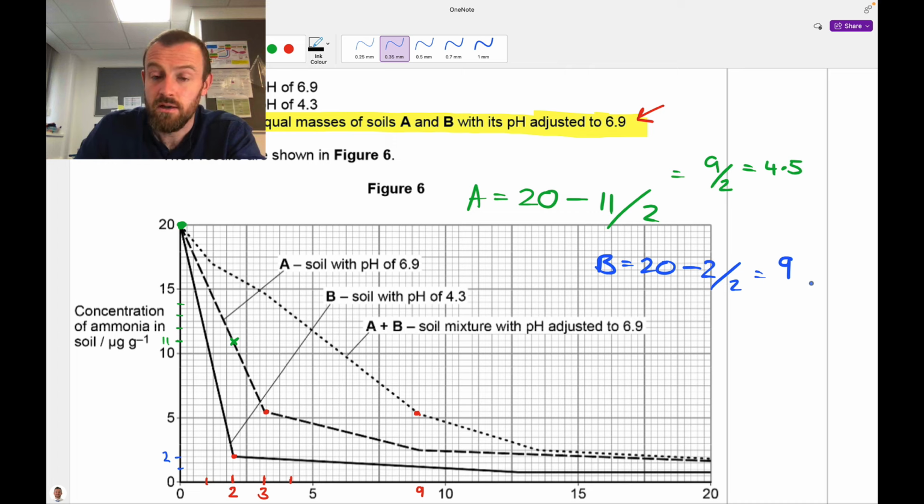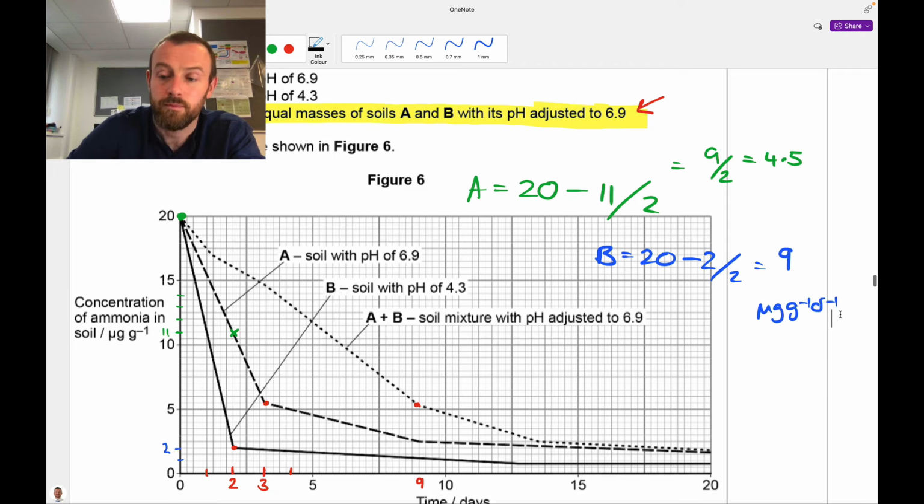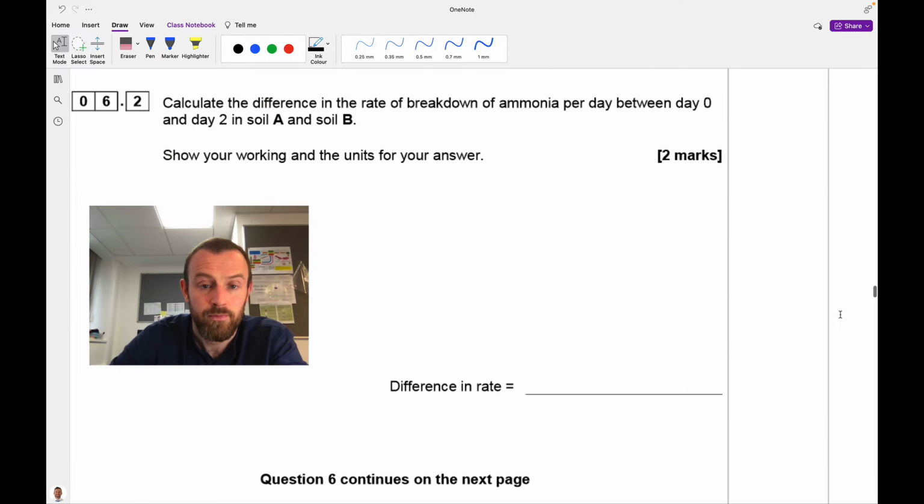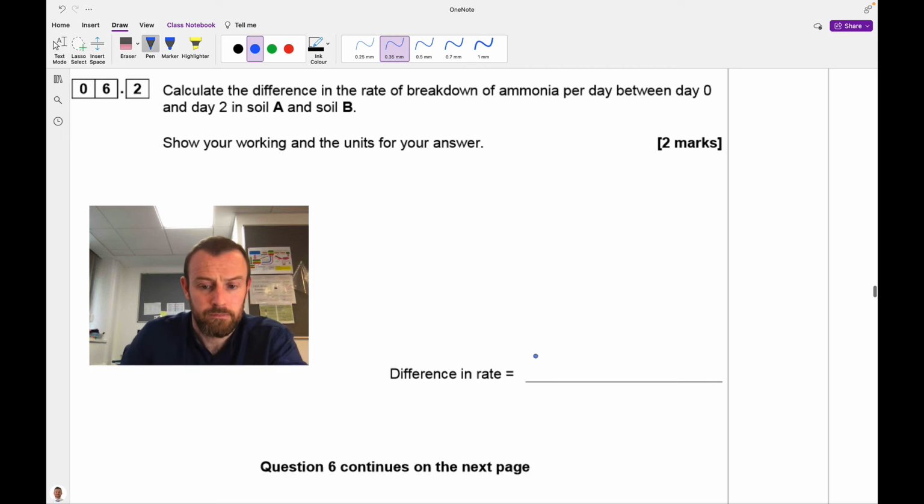So 9, and again, that unit is micrograms of ammonia per gram per day. So 4.5 versus 9. So the difference is 4.5. Get the unit right, micrograms per gram per day.